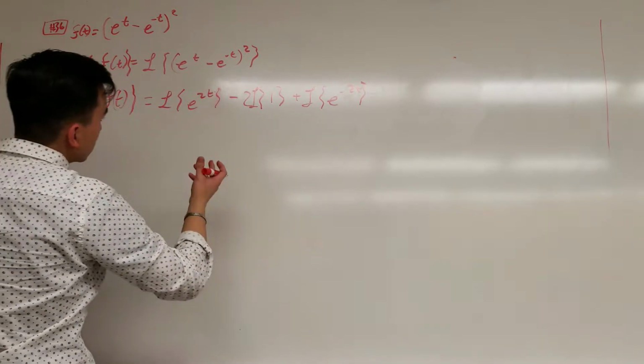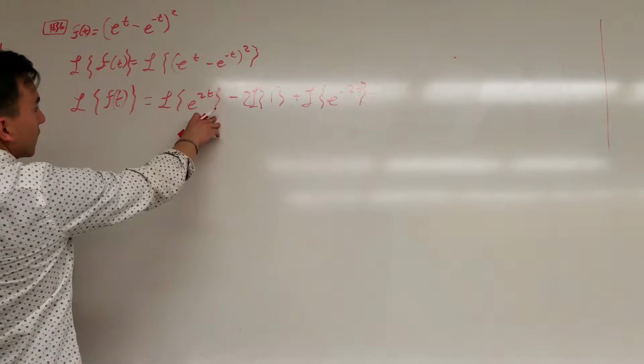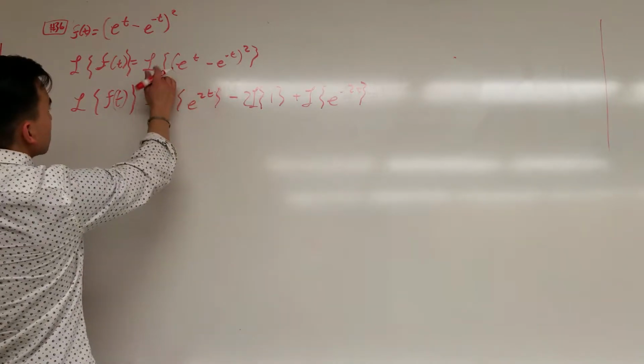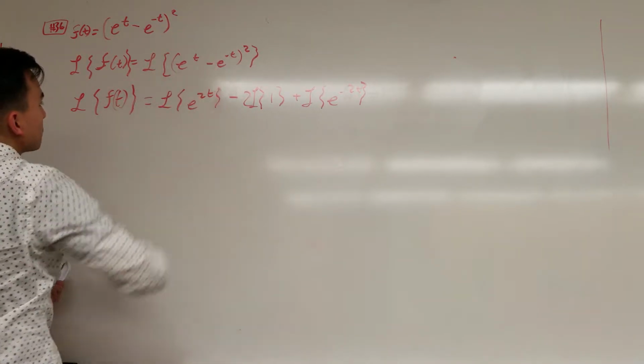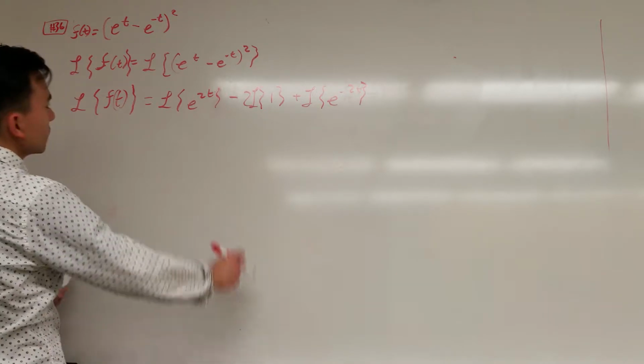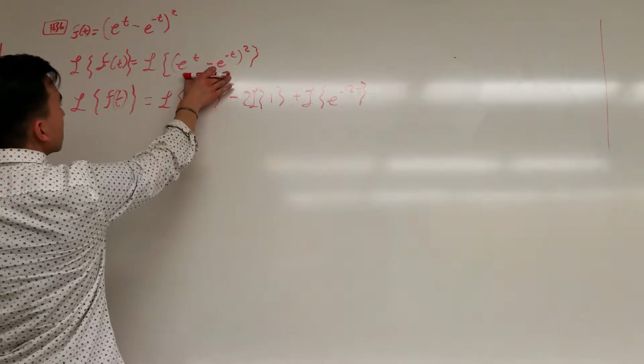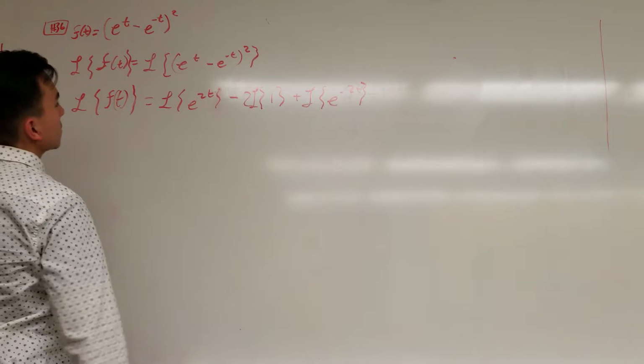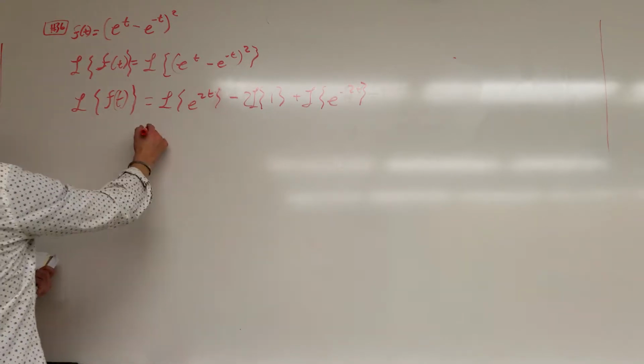All right, and so that's way easier to Laplace. It's way easier to see as well, because before it was just that. Usually when you have something like this, you want to FOIL it out and expand it, okay?